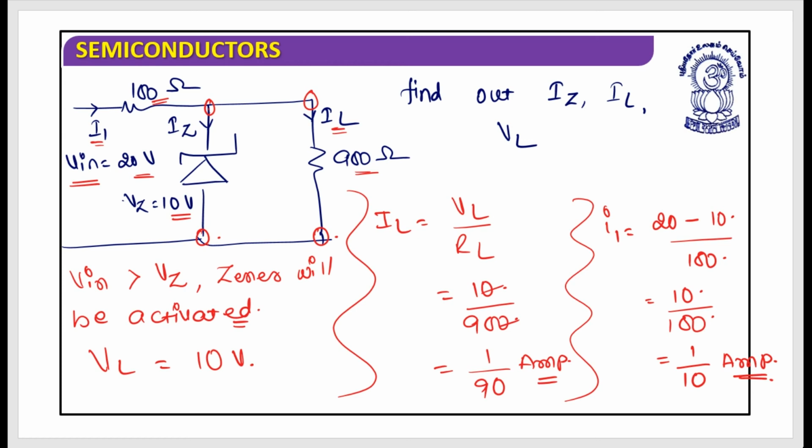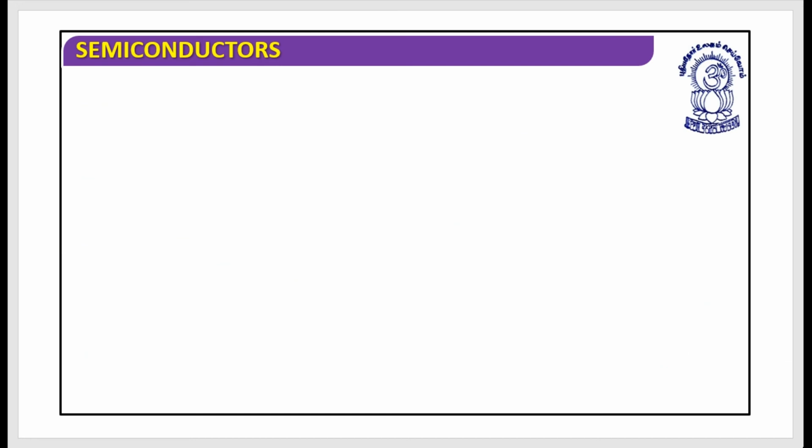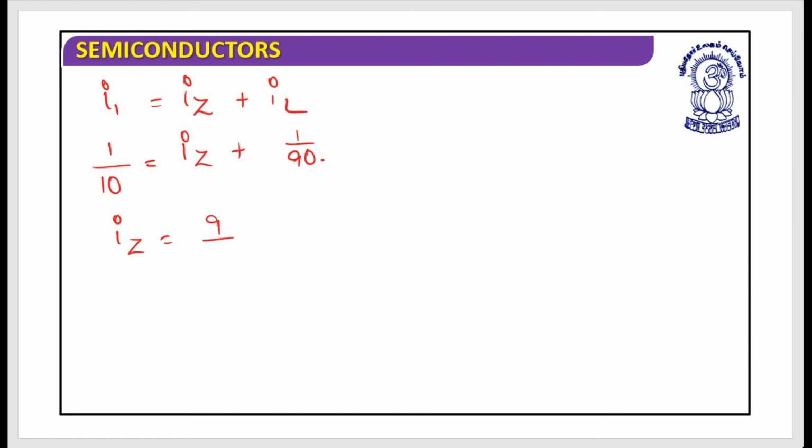Now we have I1, which is being divided into two segments, Iz and IL. To solve for Iz, I can use the relation I1 equals Iz plus IL, so 1 by 10 equals Iz plus 1 by 90. So Iz is 9 by 90 minus 1 by 90, which equals 8 by 90 ampere, and this is the value of Iz.